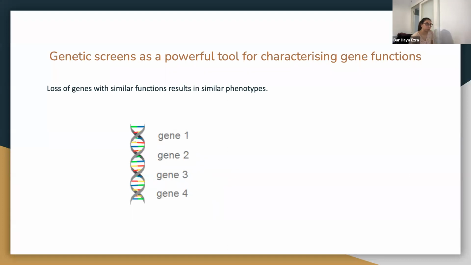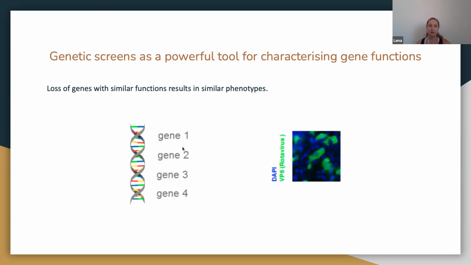Genetic screening is very useful for characterizing gene functions. It is based on the gene knockdown principle. Each time we knock down a certain gene and see the phenotypic behavior on the screens. So, for example, this picture shows us wild-type cells stained with DAPI to point out the nucleus and the green for the cell area.